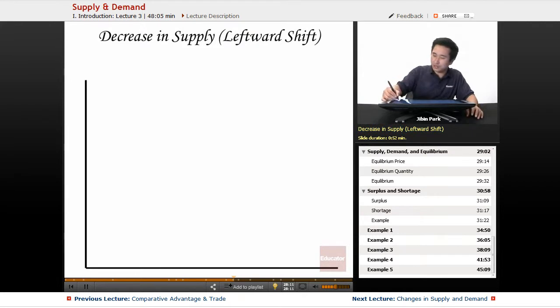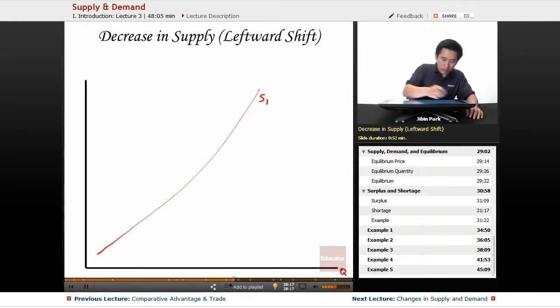Now, if there's a decrease in supply, then you have the opposite function here. So you have quantity here and price, and then you have the demand. So you have D1, and let's call this E1 here, which is basically Q1 and P1 here.